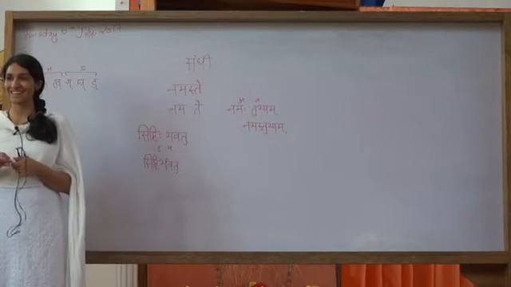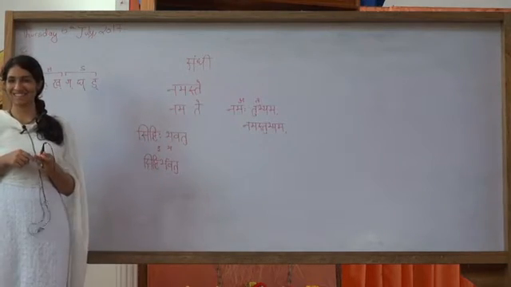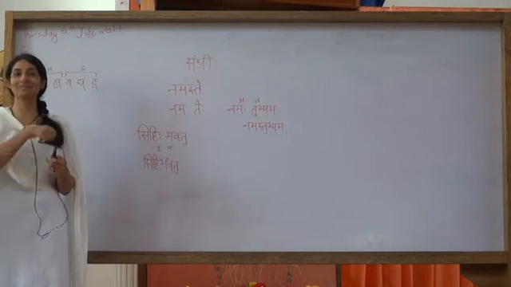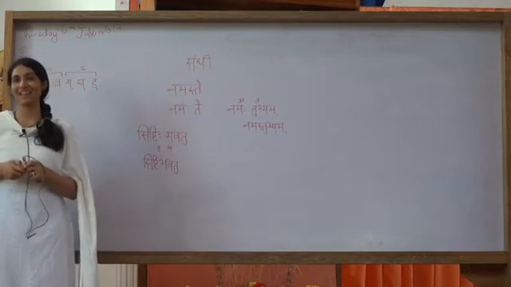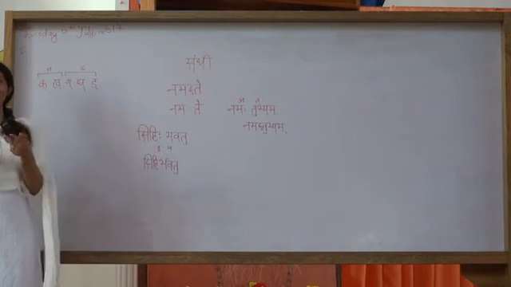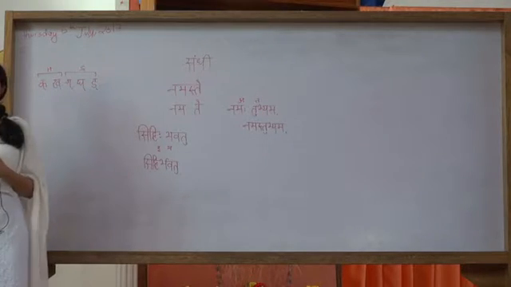Looking familiar? Where do we see this word? Siddhir Bhavatu Me Sada. In that same Saraswati Namastubhyam. Right? So all that happens is that there's words that we know that join together and make these sounds. Right? Any questions about Visarga Sandhi?